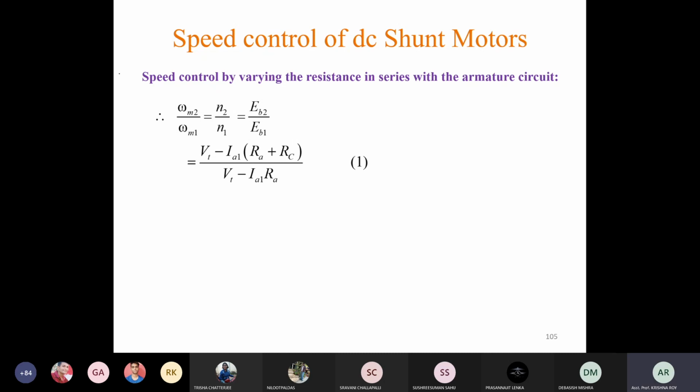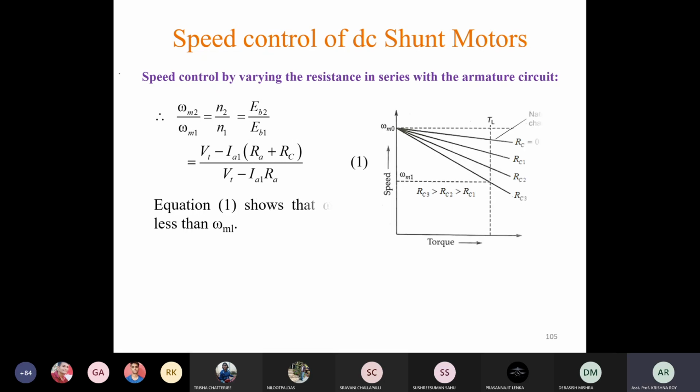Based on this equation, we can draw the different speed-torque characteristics at different RC values. When RC is 0, this is the normal speed-torque characteristic. When we consider the value of RC as RC1, then this is the speed-torque characteristic, and this is the stable operating point.